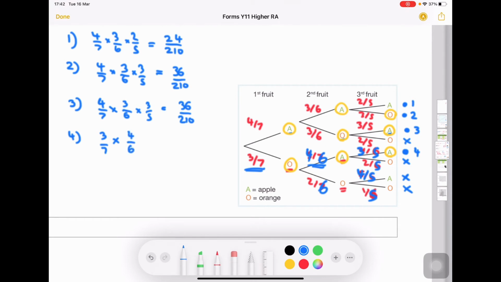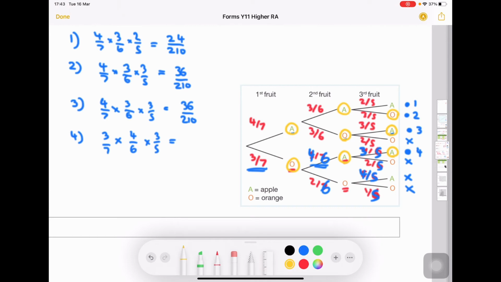Shocking. So, as you can see here, you have 3 multiplied by 4 multiplied by 3. It's the same as the above one, and you have 7 multiplied by 6 multiplied by 5, and it's the same here as well. So without even using a calculator, I know that this will be 36 over 210.